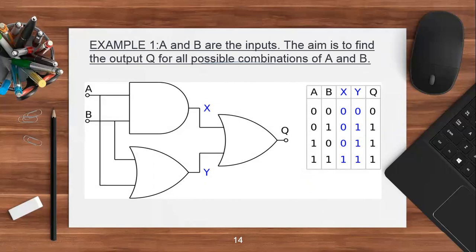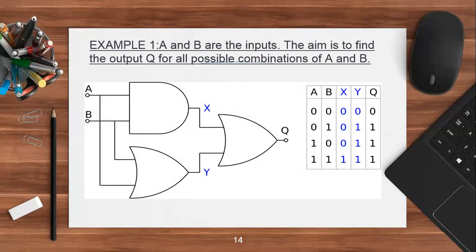A and B are the inputs, and we have to find the output Q. So first of all, A, B, and the output is X. If A is 0, B is 0, then X is also 0.